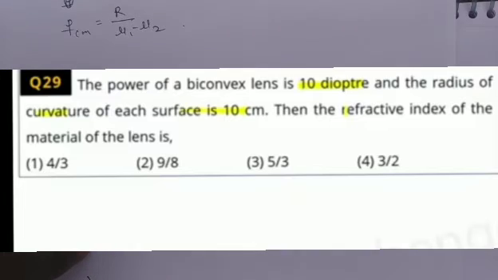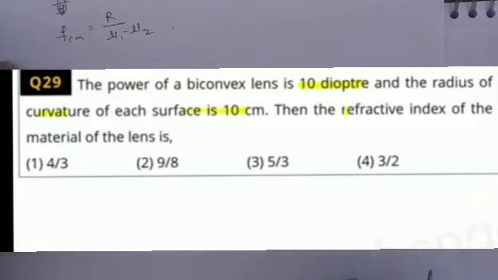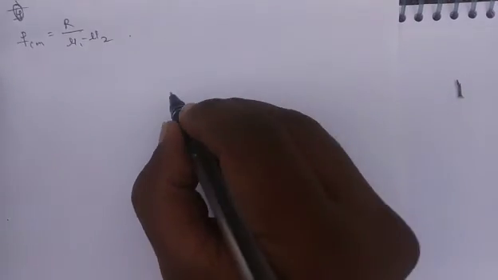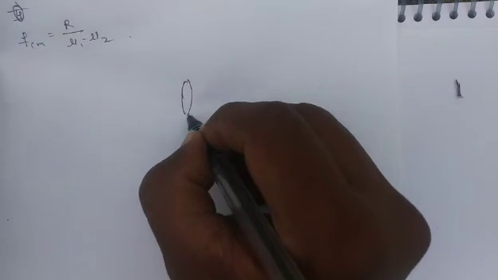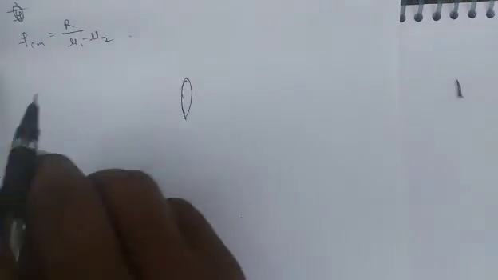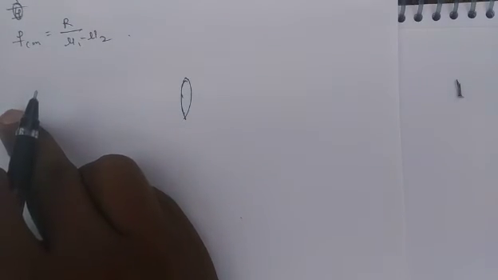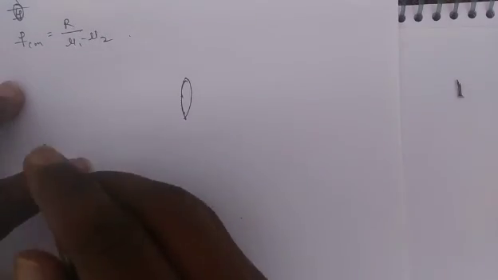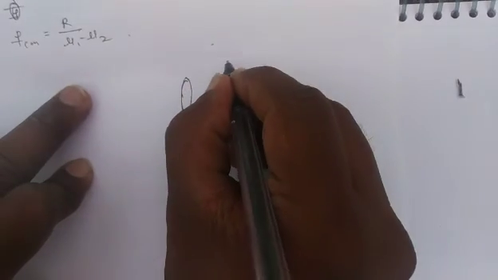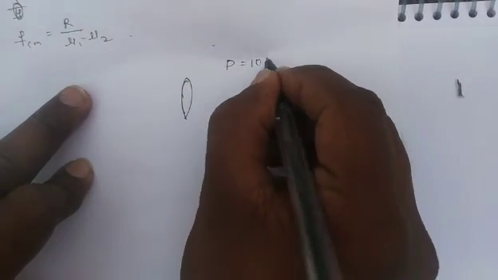Then the refractive index of the material of the lens is? Here we consider a biconvex lens, and the power of the lens is P = 10 diopter.